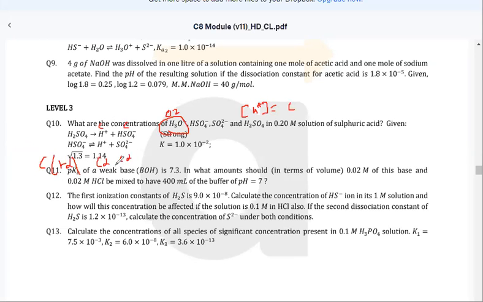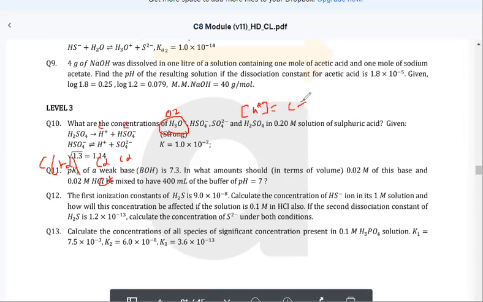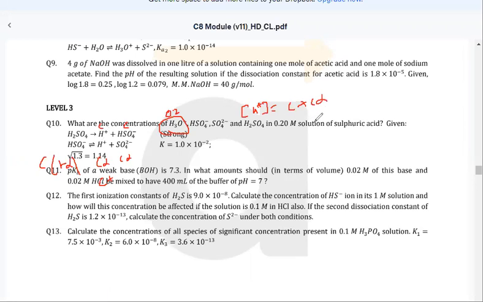Right, everyone? But this H plus is already present, so it will be C plus C alpha. So the concentration of H plus is C plus C alpha. Yes or no? Tell me.